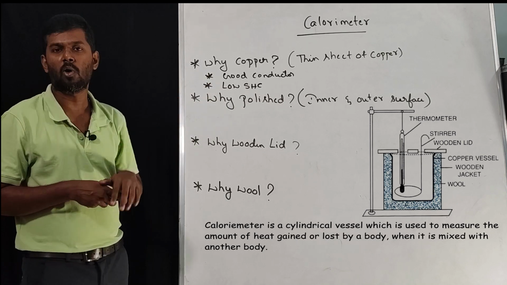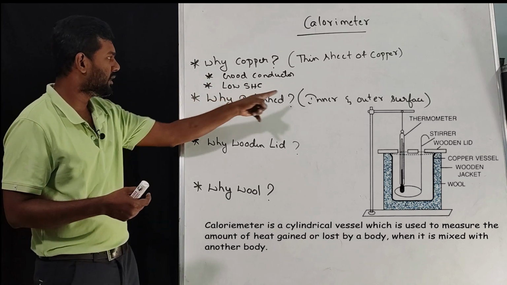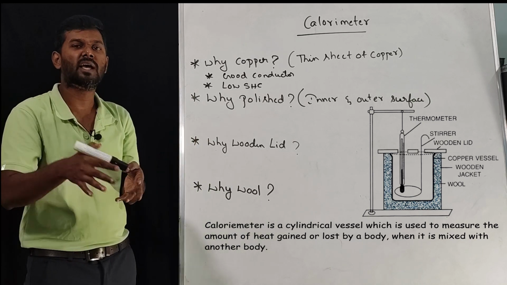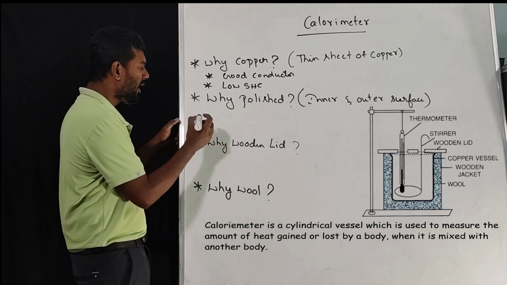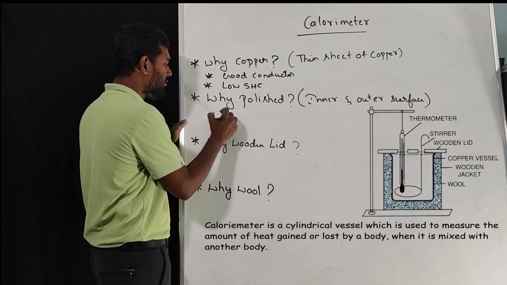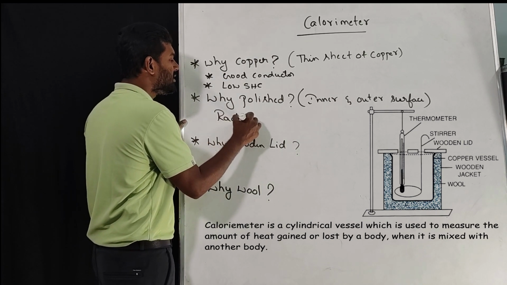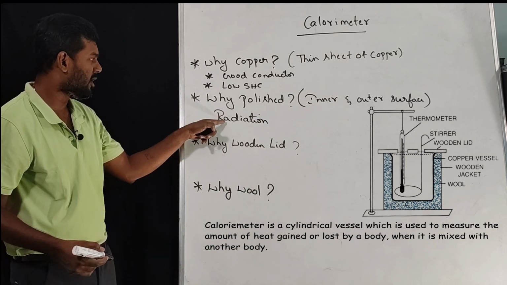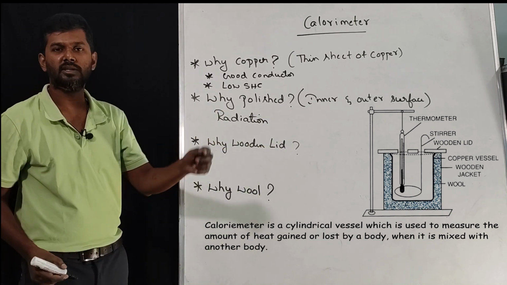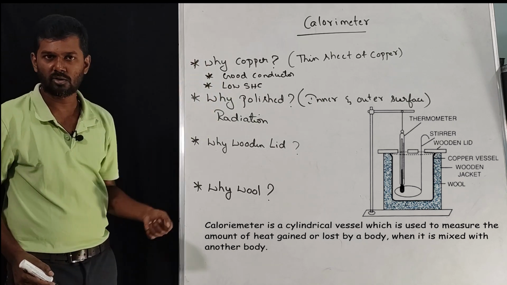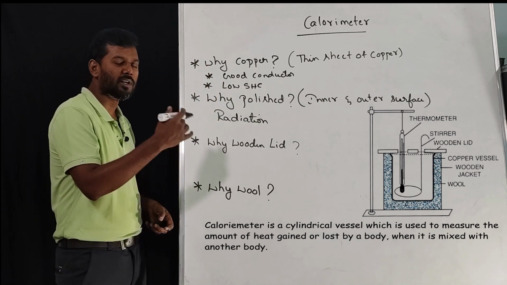Then why is it polished? The inner and outer surface of the copper is polished to avoid the loss of heat in the form of radiation. Next, why a wooden lid?